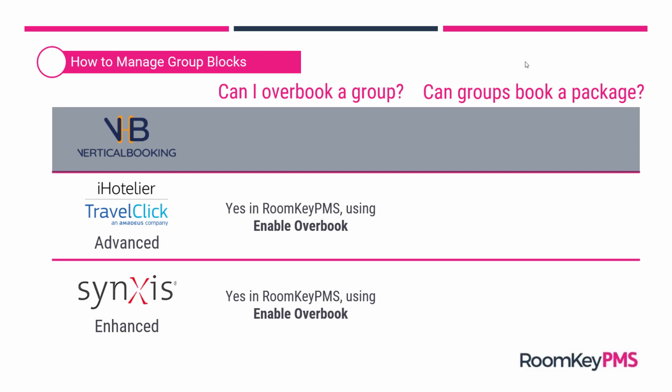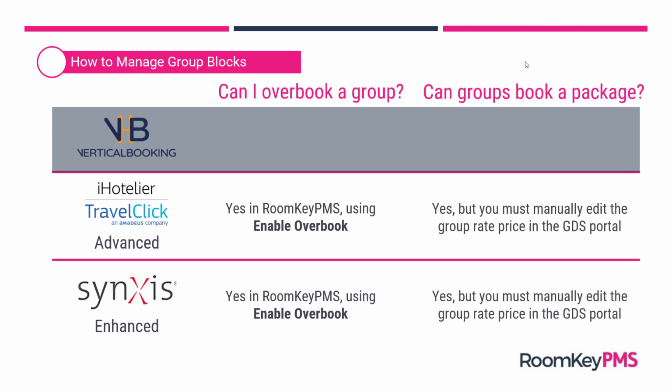So in order to make this work with these two connectivity partners, my answer to whether or not groups can book a package is yes, but. And the but is that you would set up the group as normal in RoomKey. You can attach the package in RoomKey, but that information is not transmitted to your connectivity partner.